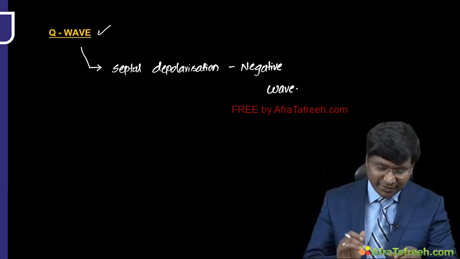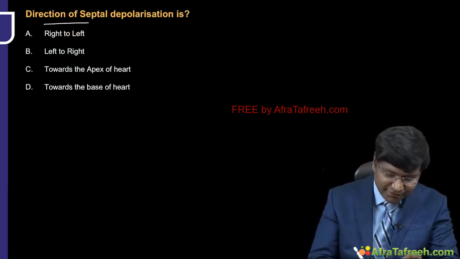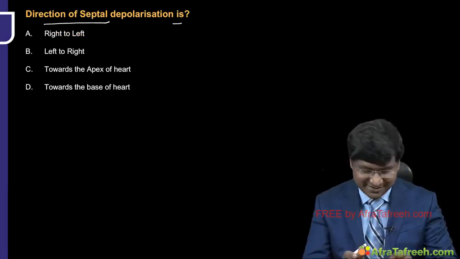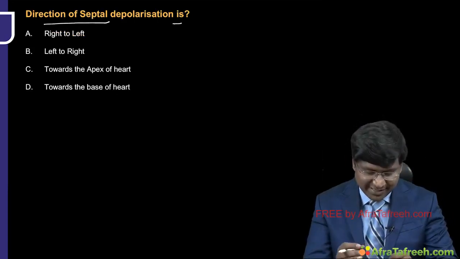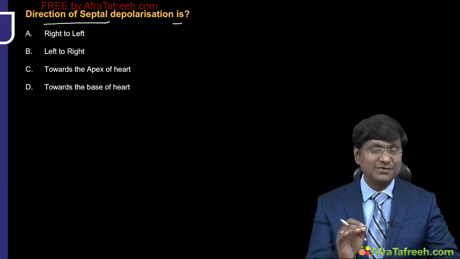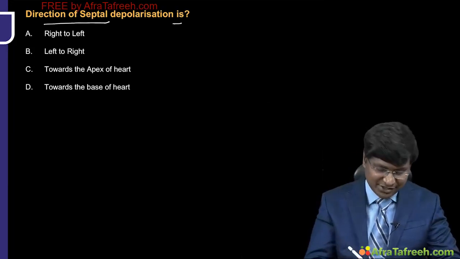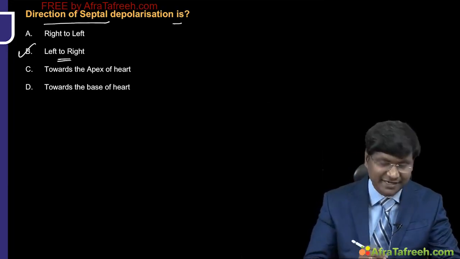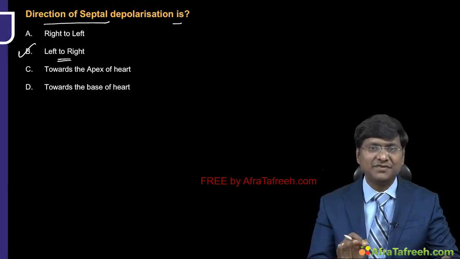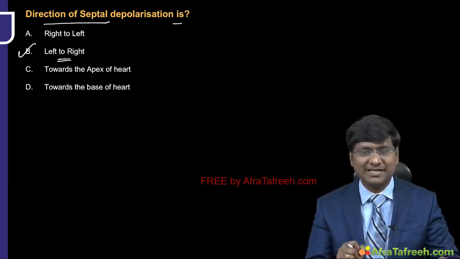Now the question is, is the direction of septal depolarization right to left, left to right, towards the apex of the heart, or towards the base of the heart? If you see the direction of the septal depolarization, it is from left to right. That is the reason why the Q wave is negative, present below the isoelectric baseline.